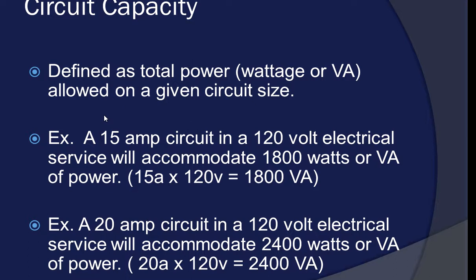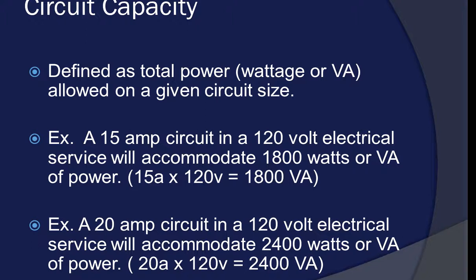So to determine circuit capacity, it's defined as the total power or wattage allowed in a given circuit size. As an example, you have a 15 amp circuit in a 120 volt service. We simply multiply that 15 amps times 120 and we get 1,800 watts or VA.